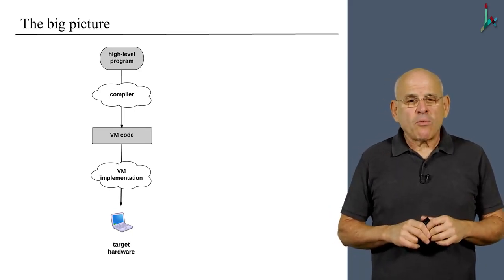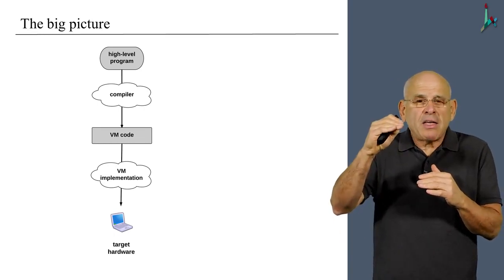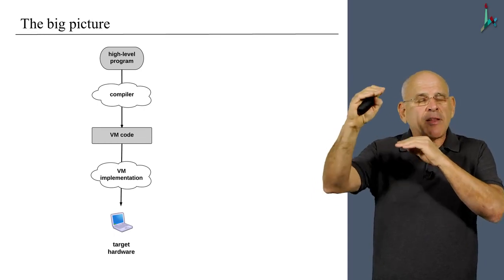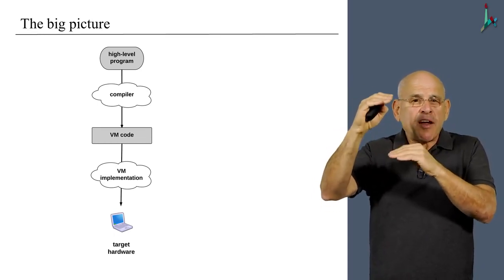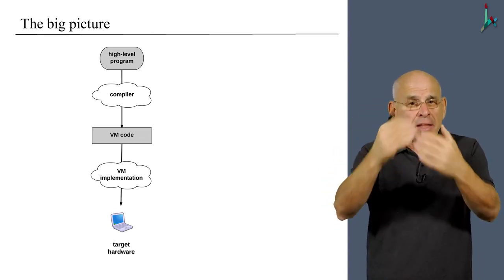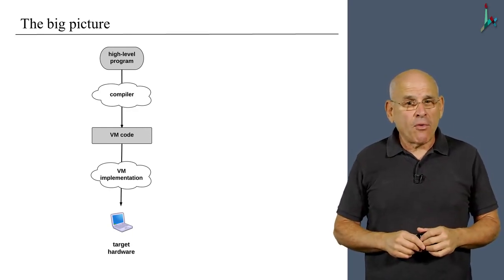On the one hand, we want the VM language to be sufficiently high so that the distance, so to speak, between the high level and the VM level will be relatively low. And therefore, the translation challenge will be relatively manageable, and the resulting VM compiler will be a relatively simple and elegant program.